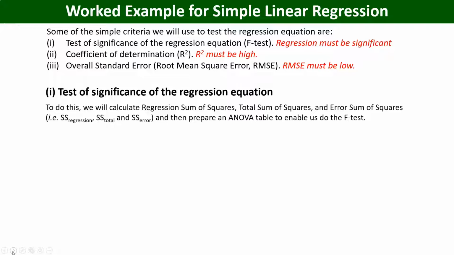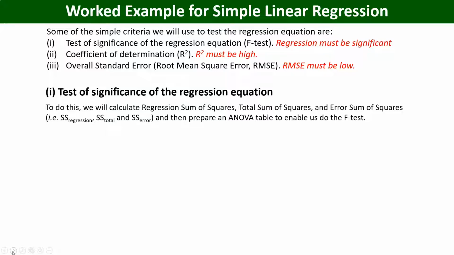So we go to the first one, test of significance of the regression equation. To do this, we will calculate the regression sum of squares, the total sum of squares, and the error sum of squares. That is SS regression, SS total, and SS error. We need to calculate those. And then prepare an ANOVA table to enable us do the F test.